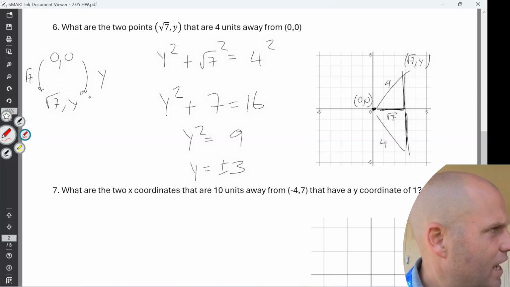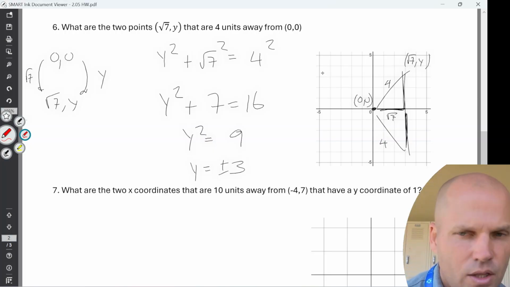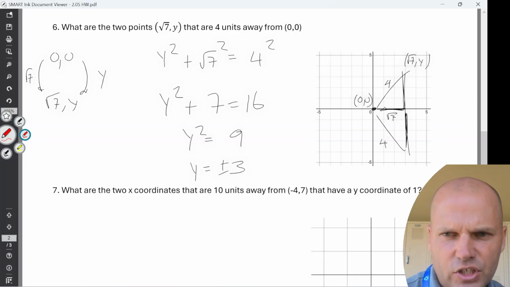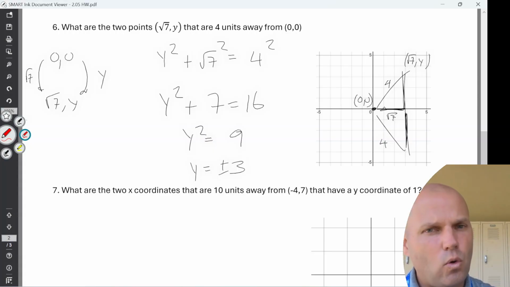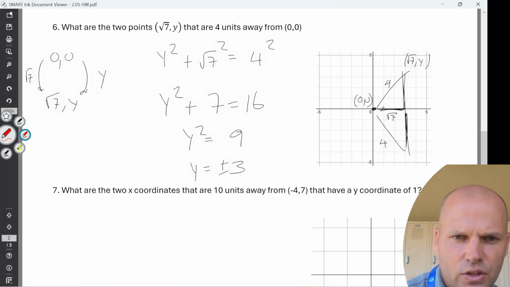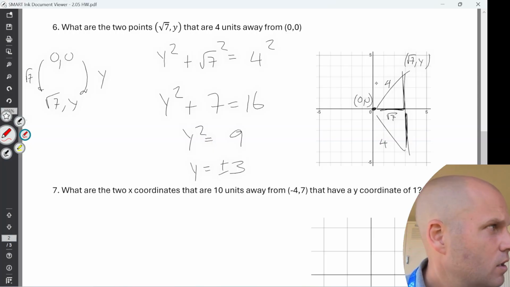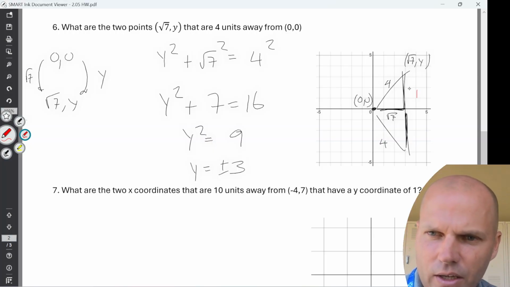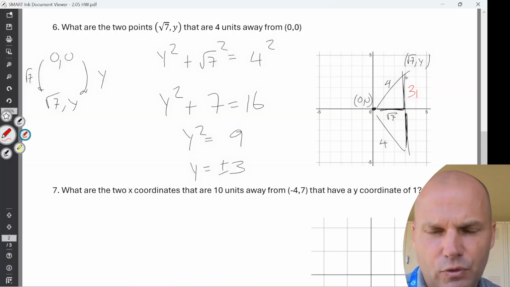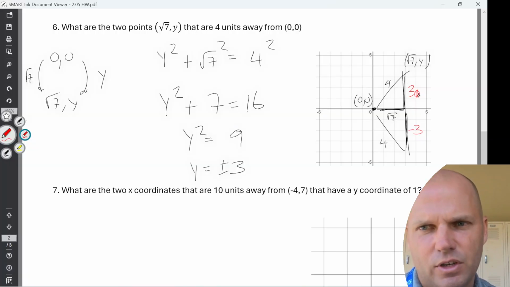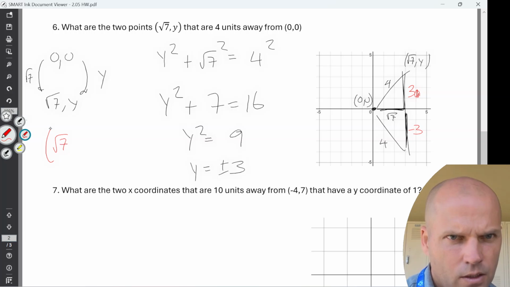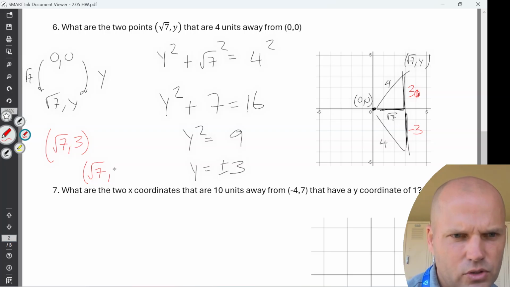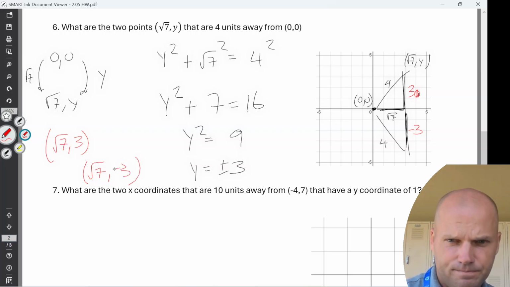That's the same thing as if the hypotenuse is 4 and the horizontal length is root 7, the vertical length has to be 3, but we need to be going both in a positive 3 displacement and a negative 3 displacement to get our 2 answers. I want us to mostly be comfortable with either.